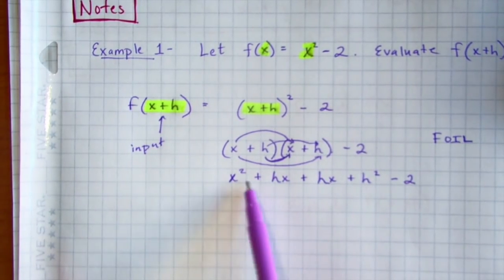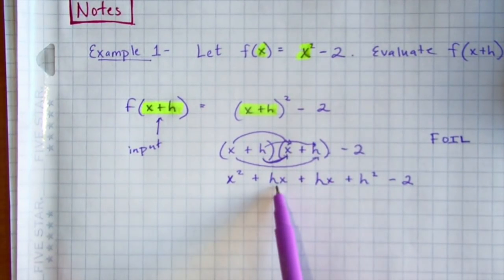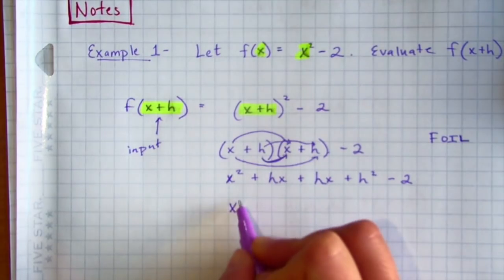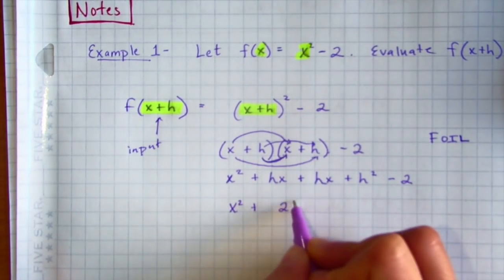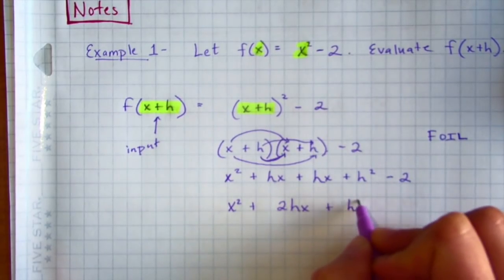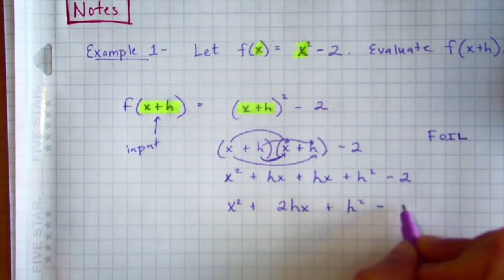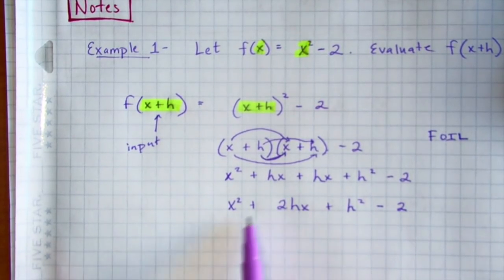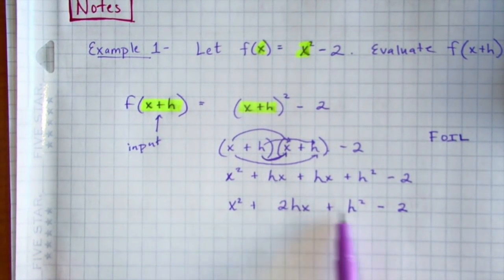So next I see that I have two like terms. I have hx and hx. So I'm going to add them. So I have x squared plus 2hx plus h squared minus 2. Now I'm going to double check my final answer. I want to make sure I have no like terms that I can combine.